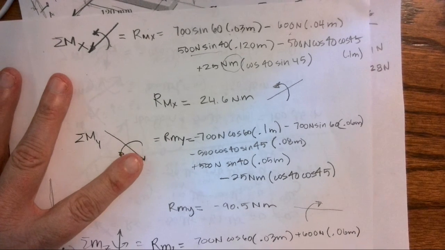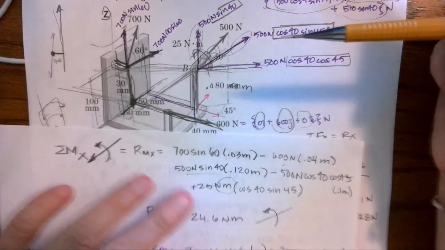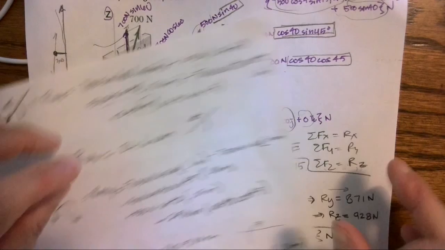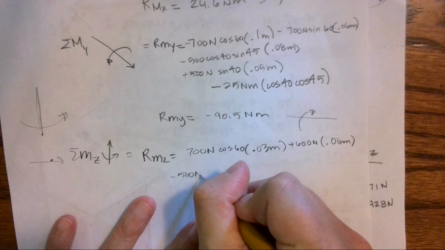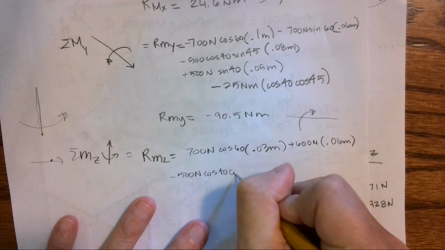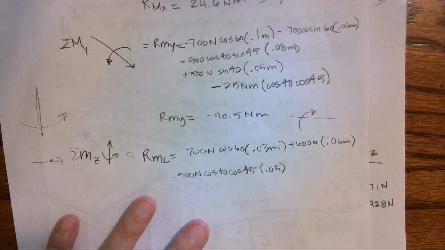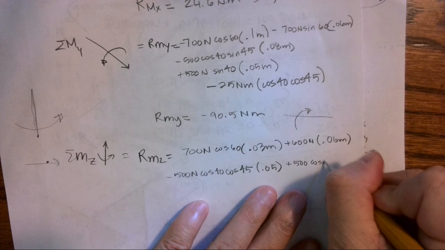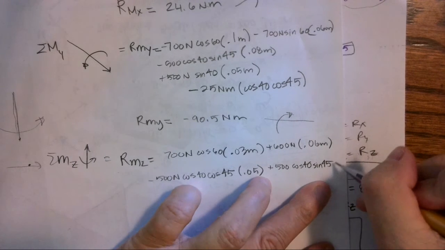Now the z component of this is parallel to z. It's not going to cause a moment, but both the x and y are offset. They are both offset. And so we are going to get negative 500 newtons, cosine 40, cosine 45, that's the y component, plus 500 newtons, cosine 40, sine 45, and its distance is 0.12.